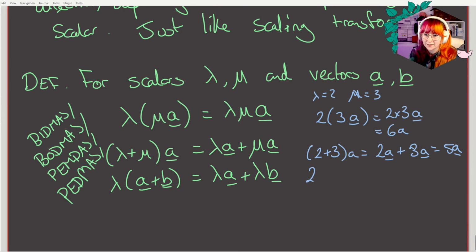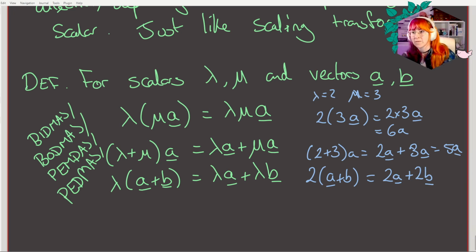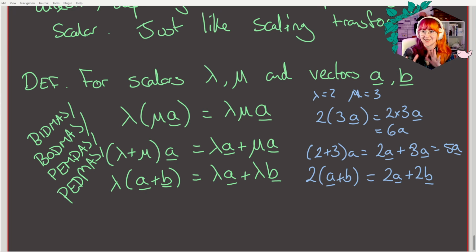And then here 2 times A plus B is 2A plus 2B. That's basically just saying that your scalar vector multiplication can behave the way that you would expect it to.